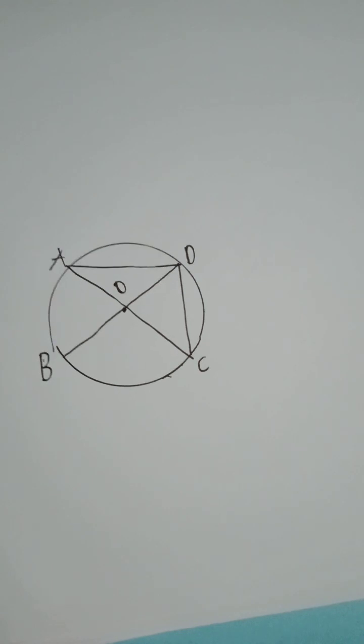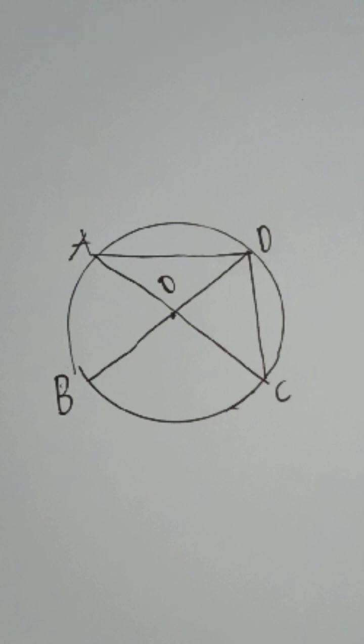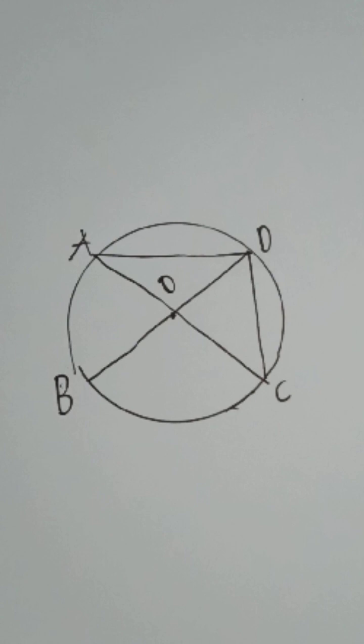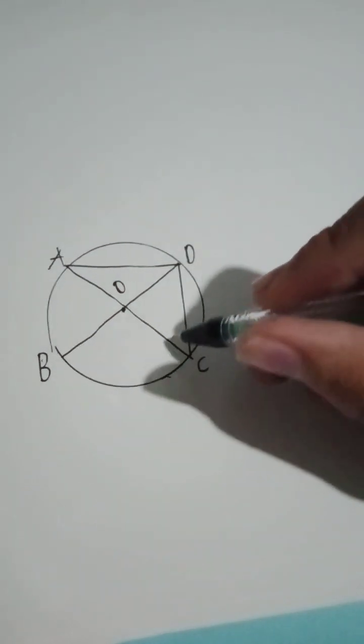If you guessed that it's 6, then you would be correct. And also, if you notice, its endpoints are on the circle. See?